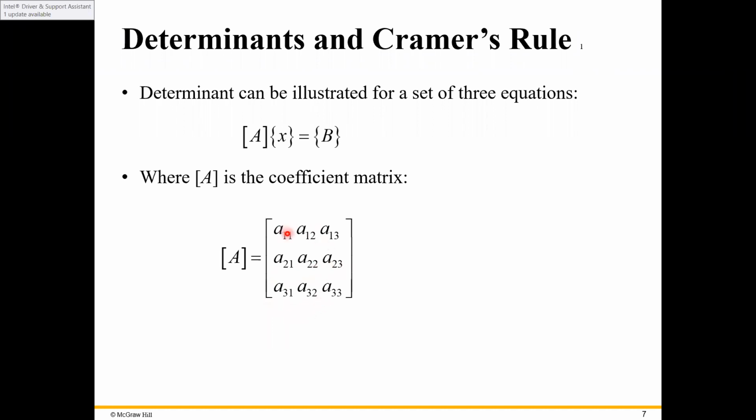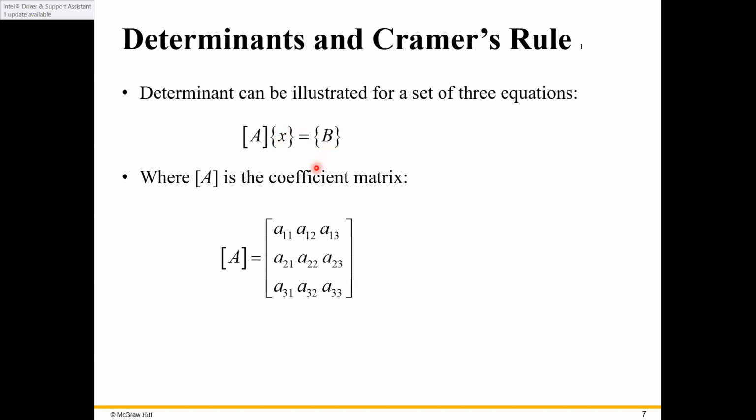So these are the coefficients of the three equations. a11, a12, a13 are respectively being multiplied by x1, x2, and x3. So the set of coefficients of x1, x2, and x3 can be represented by this matrix, and that matrix is multiplied by this vector of x values, which will be equal to the vector of the b values.